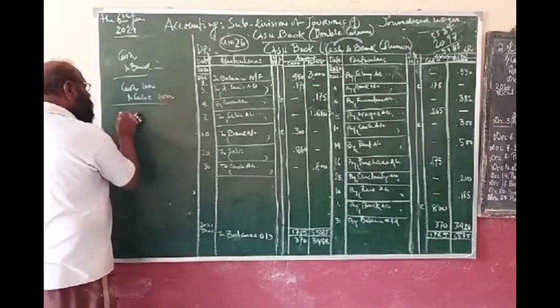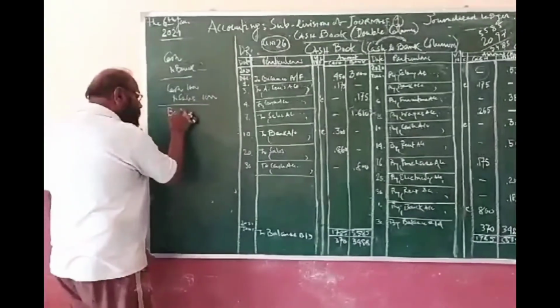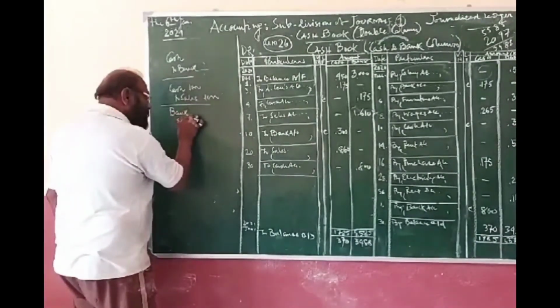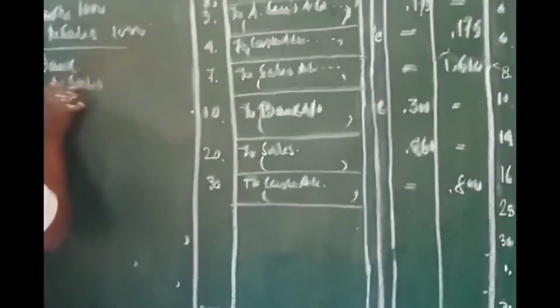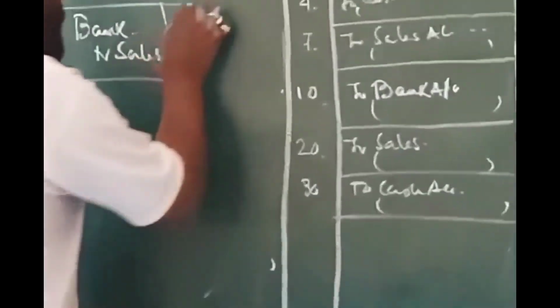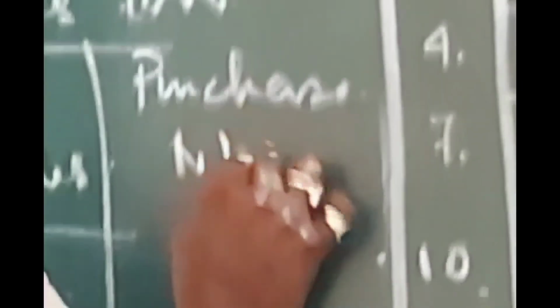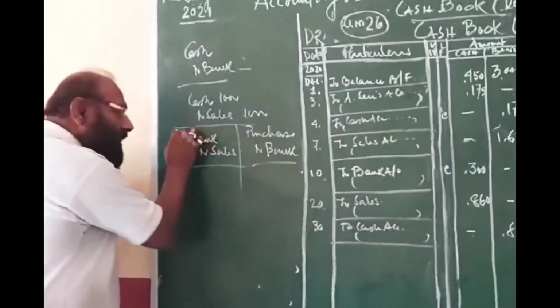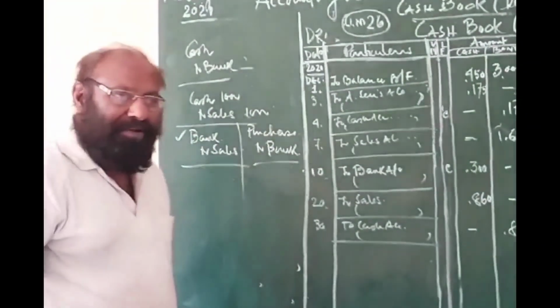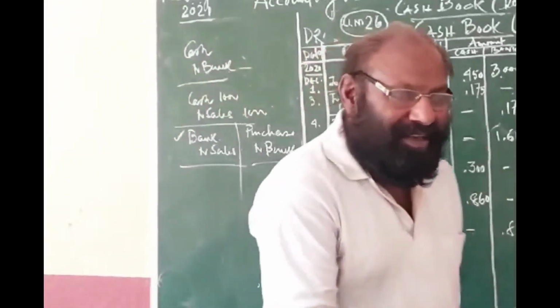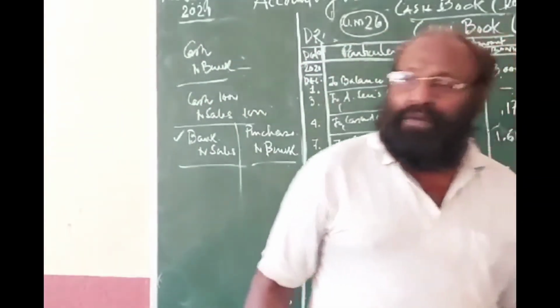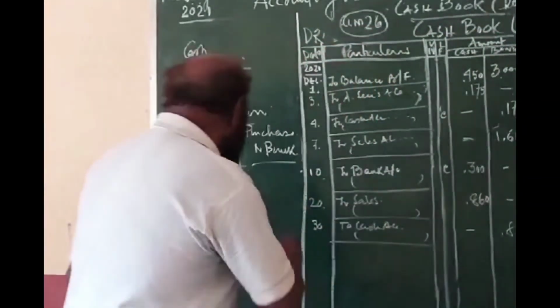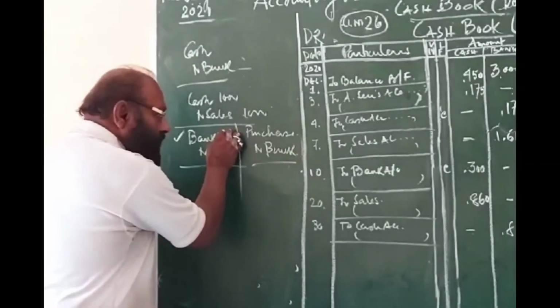1,000. Now Mr. Sahani is telling, sir, you are wrong. It should be bank account debit to sales. Now why? Because whenever you are making the purchase, you are writing purchase account debit to bank. Okay, but whenever you are getting the check, why would you not write that the bank account should be debited? Yes, as per the concept of Mr. Sahani, I am making the bank account debit.